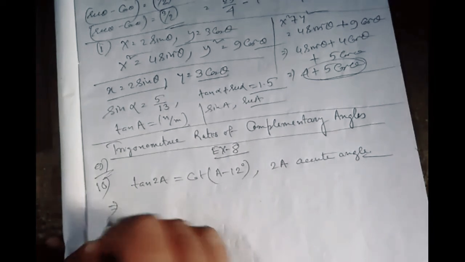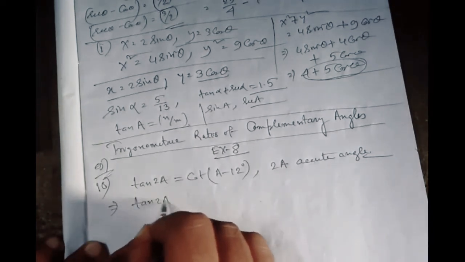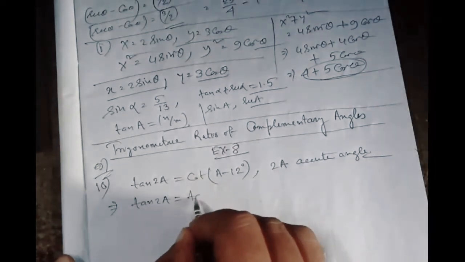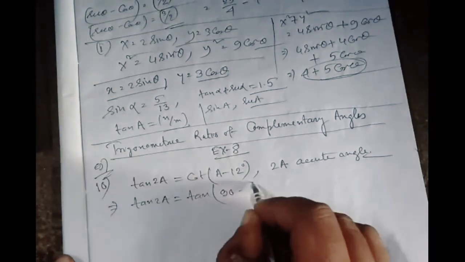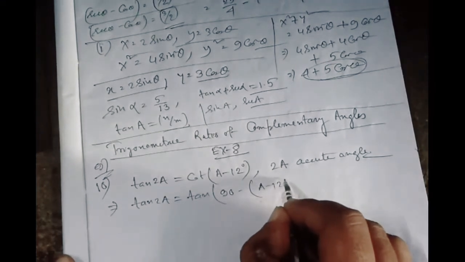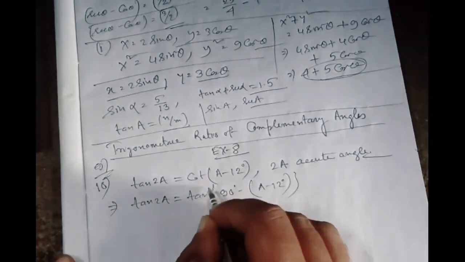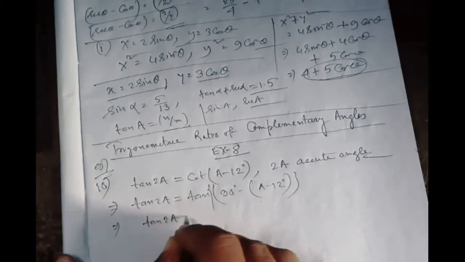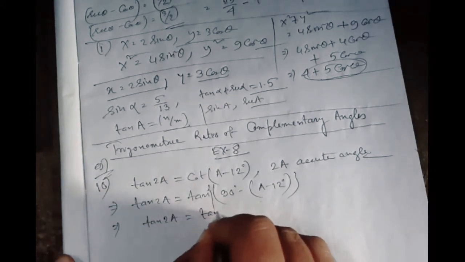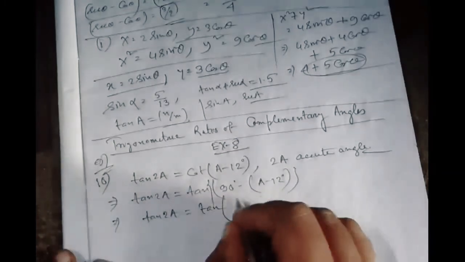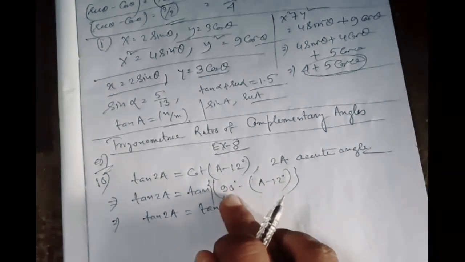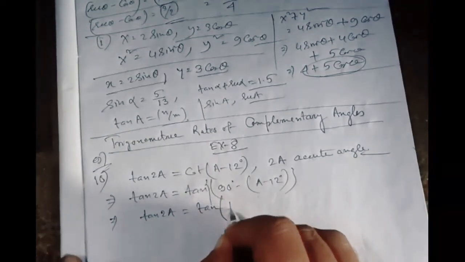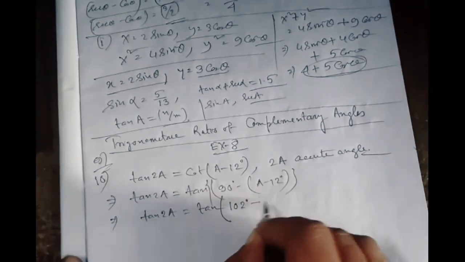So here tan 2a equals cot a minus 12 degree, that means tan of 90 degree minus a minus 12 degree. Tan 2a equals tan of 90 degree plus 12 degree, that is 102 degree minus a.